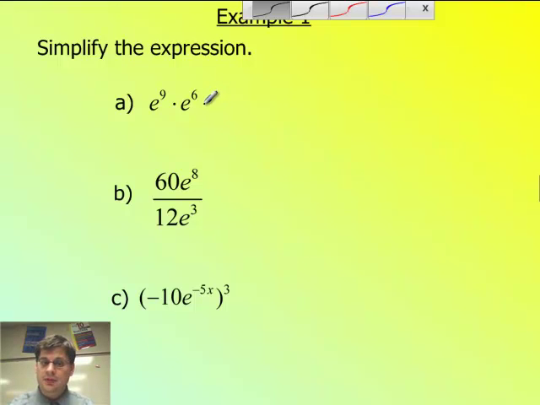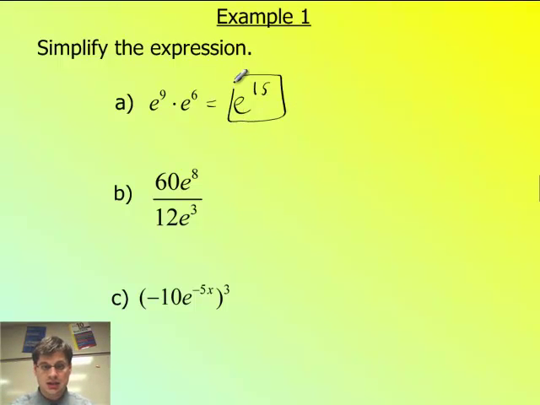The rules for exponents still apply, so I'm just going to add my exponents. So I'm going to write this as e to the 15th power. And that's it. You don't have to plug in that irrational number unless you're trying to evaluate that to a decimal. But in most cases we'll just leave it like that as an exact term.